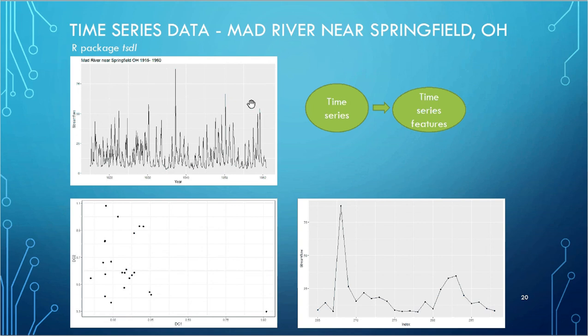This is time series data from the TSDL package, stream flow of the Mad River near Springfield. That's that data set, and here we have this massive spike. So we can't test the time series data directly using DOBIN and reduce dimensions to find outliers.